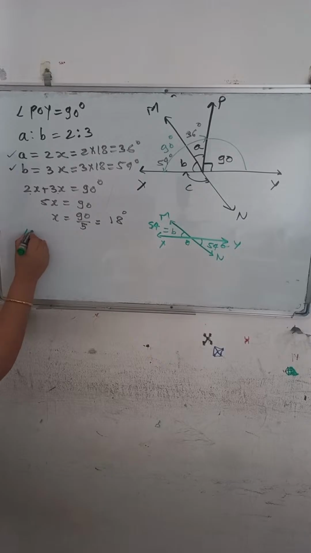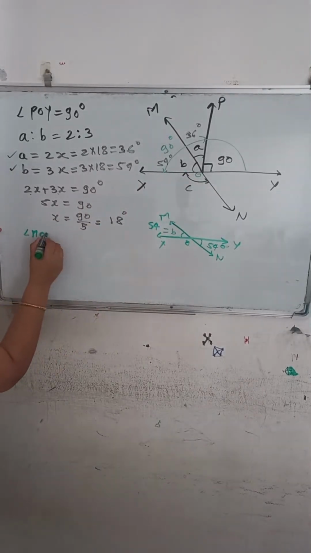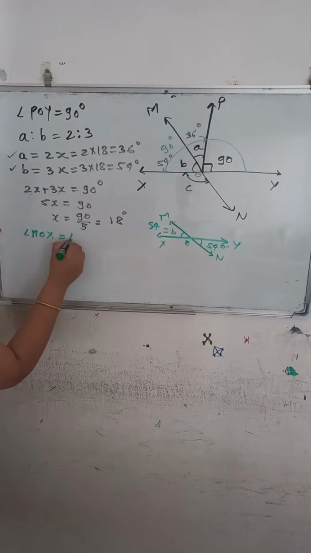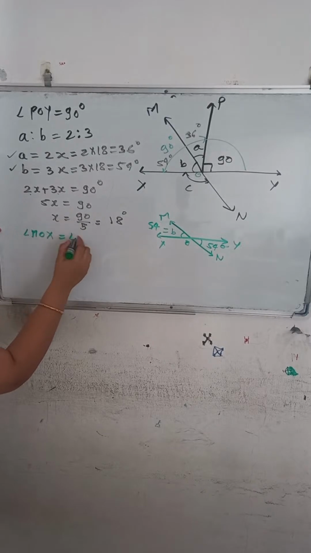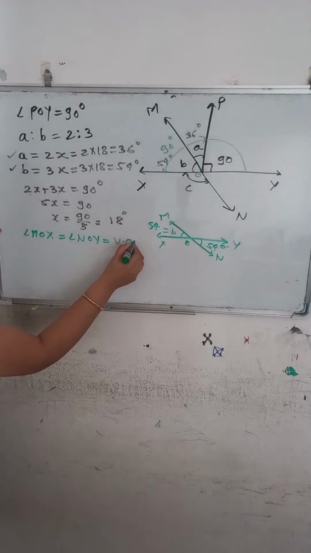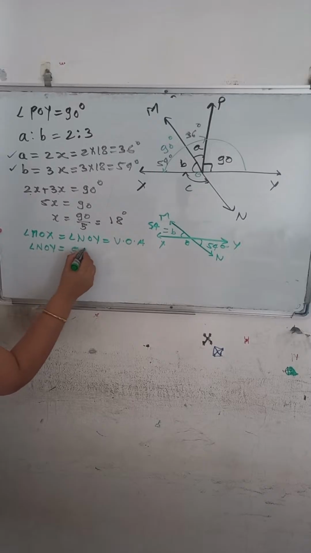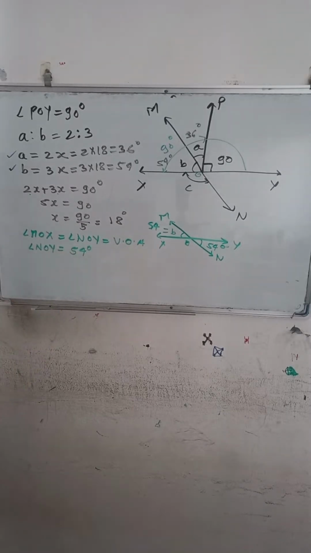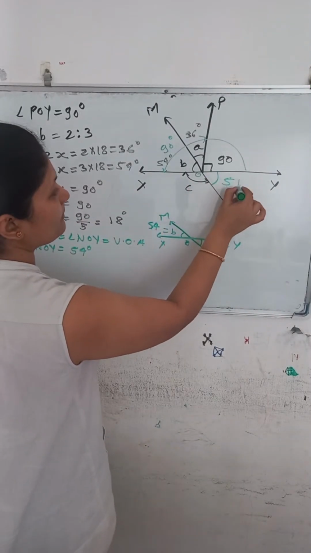So here we can say this is the point O. So angle MOX is equal to angle NOY, that is vertically opposite angles. So here angle NOY is 54 degrees. That's it. Once we get NOY is 54, this is also 54.